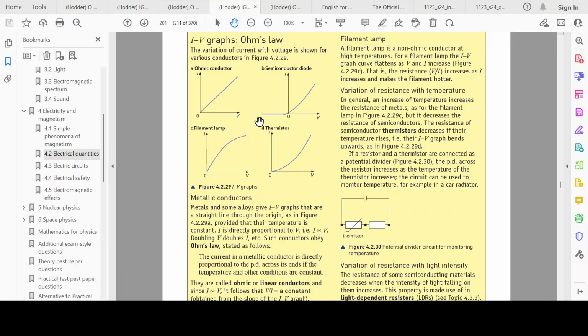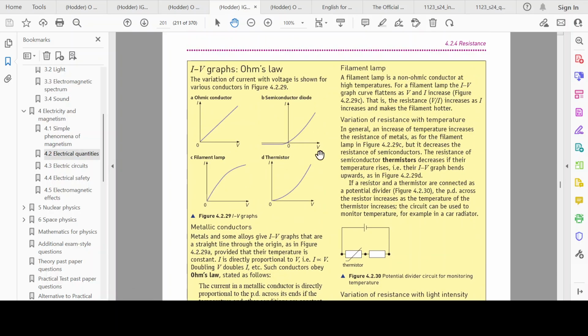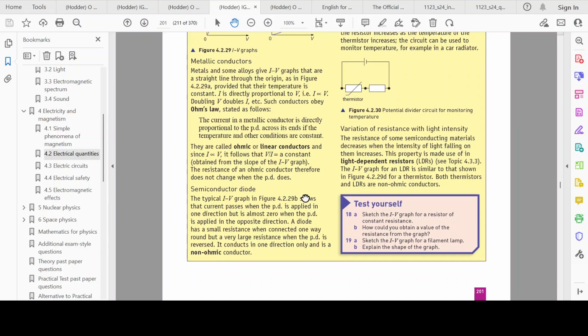So it's a change of direction of flow, but you're not getting any current out of it, which basically means that a diode has a small resistance when connected one way, and you can see that as the voltage increases, the current is increasing, but it has a very large resistance when the potential difference is reversed.